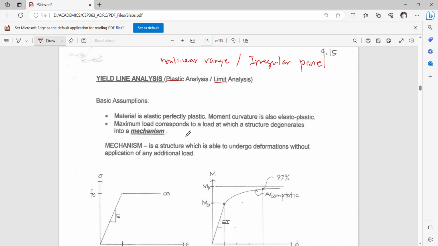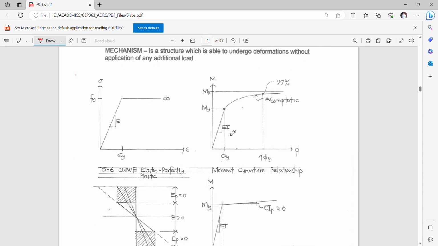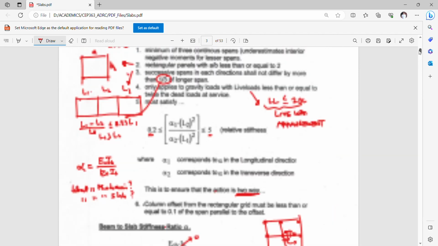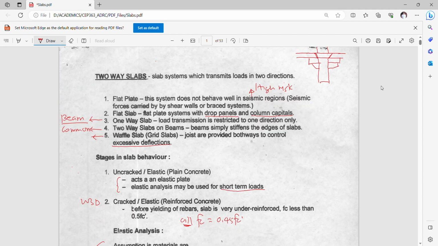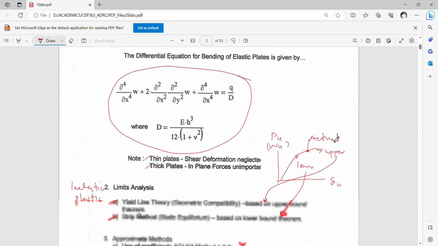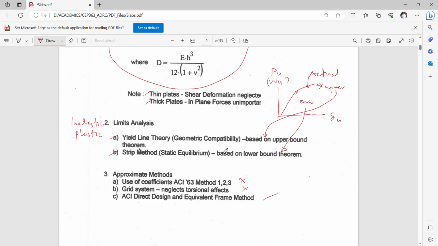Okay? So the yield line analysis, as we have discussed previously in our first lecture, is actually an upper bound.